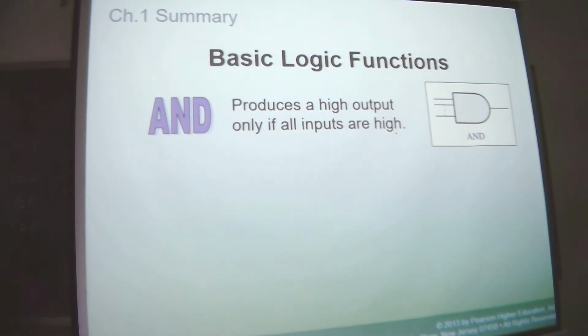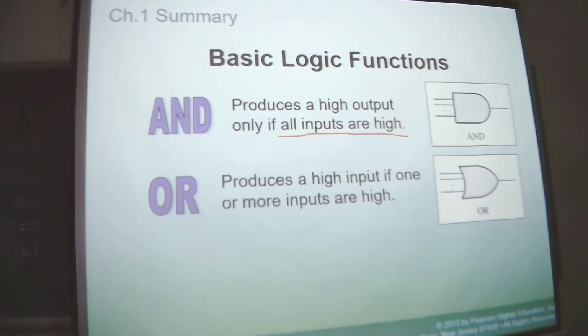This is multiplication. This is the function of AND. Because all inputs should be high, then the output will be high. This is the function of the AND gate.